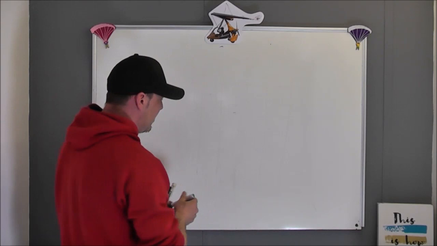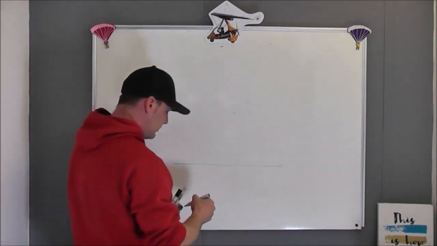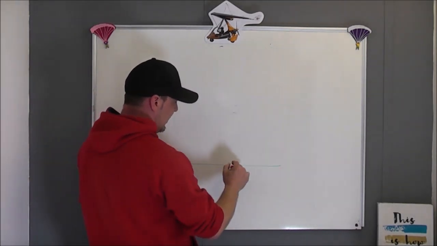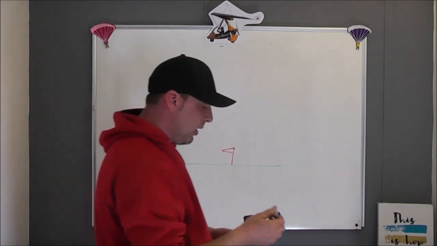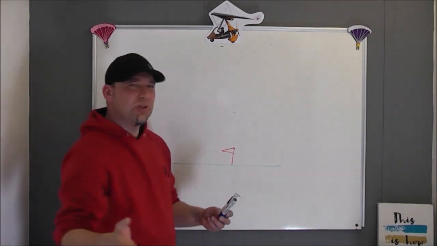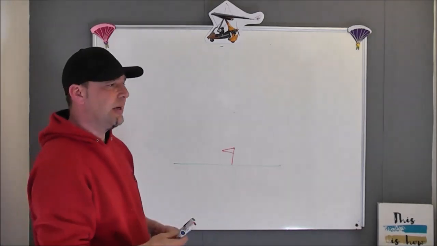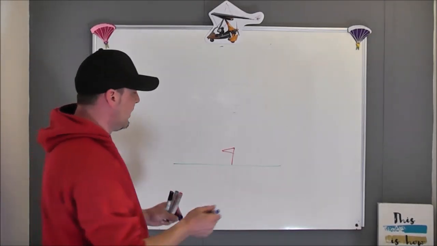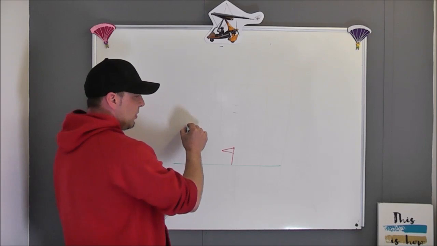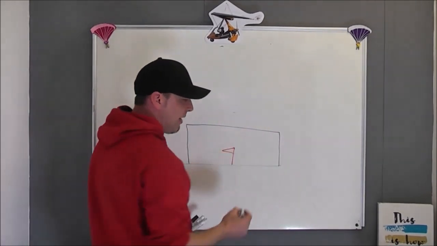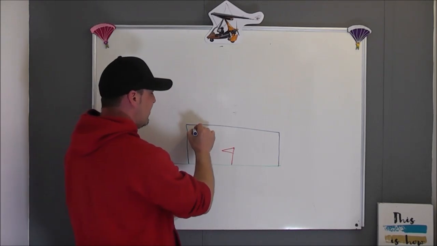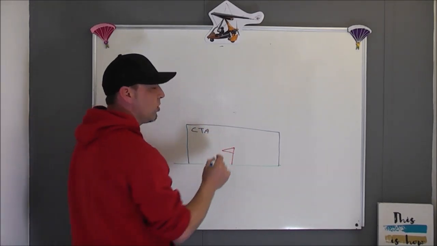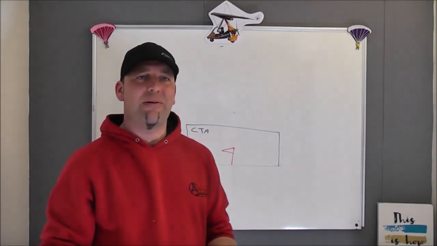So let's put a bit of ground in here first of all, and then obviously an airfield. What we get, and we'll assume somewhere like East Midlands, is a zone that's set up around the particular airfield, and this would be a CTA, or Controlled Terminal Area.